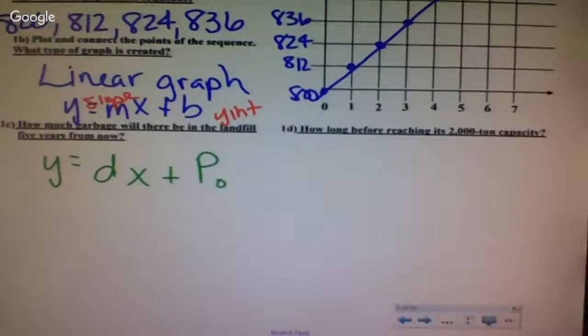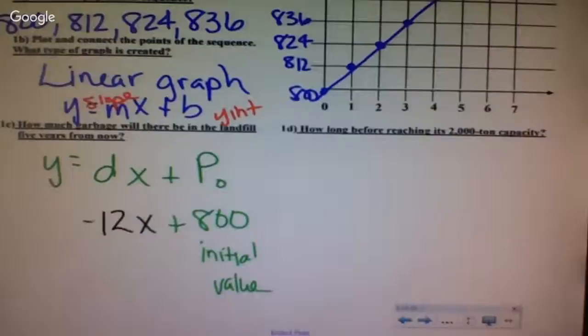Well, where does my graph cross the y-axis? 0, 800. So, p sub 0 is 800. This is your initial value. What's my slope? Up 12 over 1. So, instead of d, or instead of slope, this is 12x.